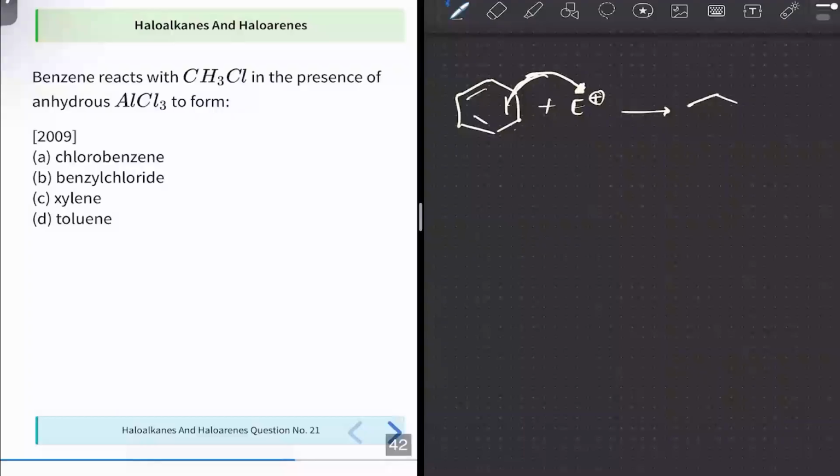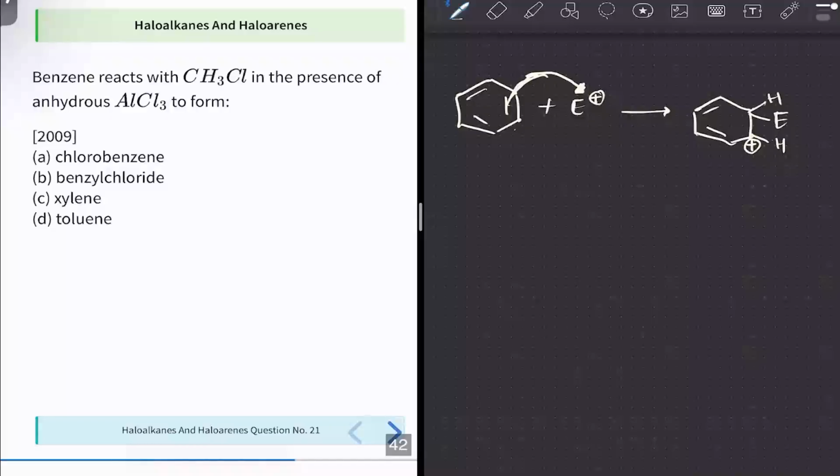What will be formed? A sigma complex will be formed. That is, this double bond remains intact. Here the electrophile will be attached along with the hydrogen, and here will be the positive charge.